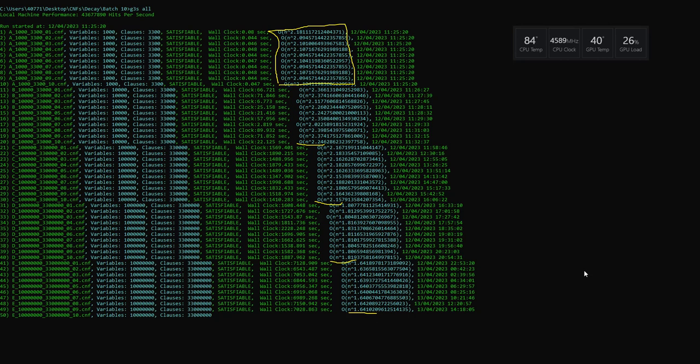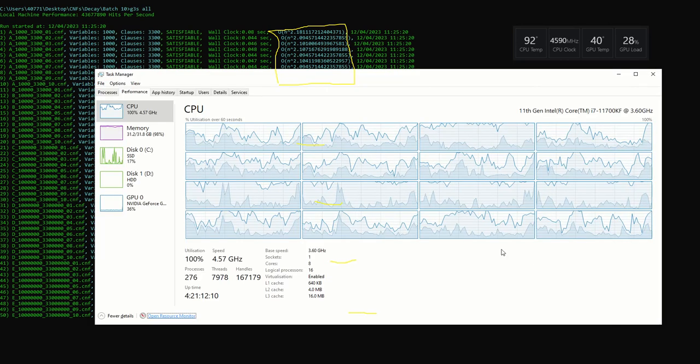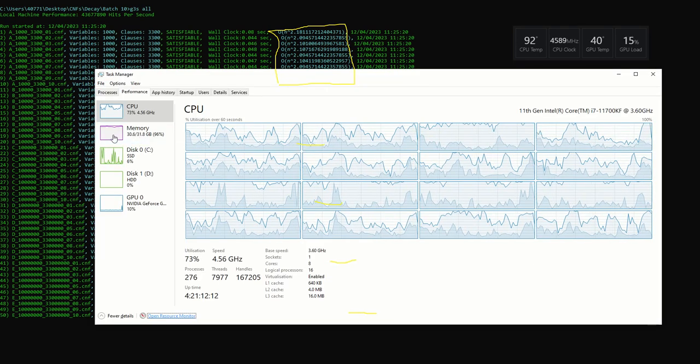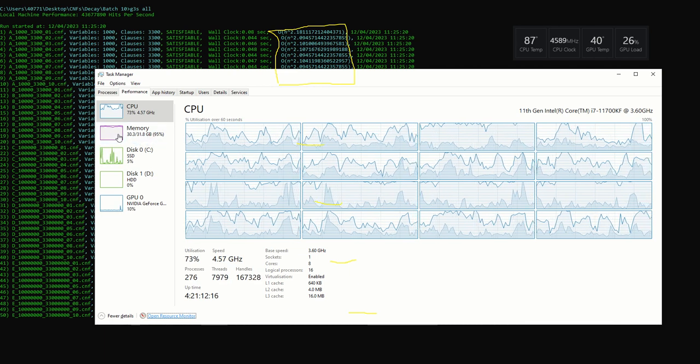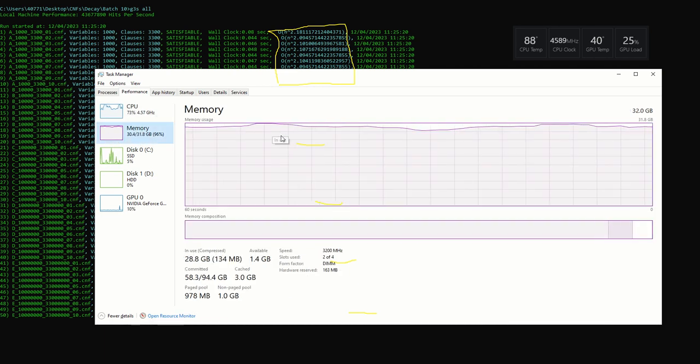And I may try to multiply by 10 again and generate a 100 million variables file. However, there is a problem: it looks like my computer has reached the max memory usage at this point.